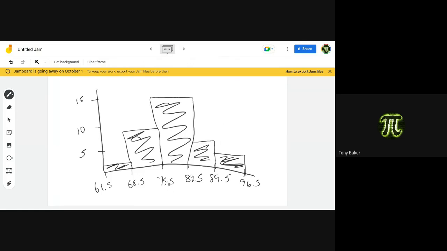And then 75.5, 82.5, 89.5, 96.5. I just counted by 5s because I didn't feel like writing 14 numbers. So 5, 10, 15. So that's 1, 8, 14, 5, and 2. And this is nice, it goes up to the middle, down from the middle. It was a nice curve.